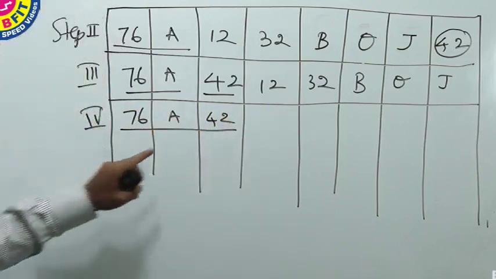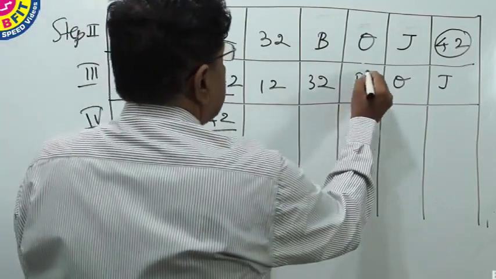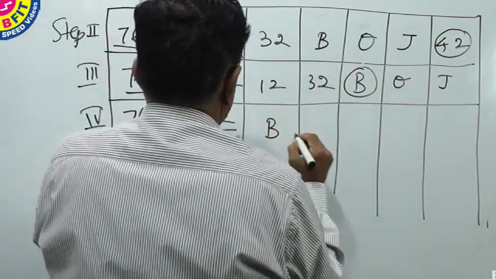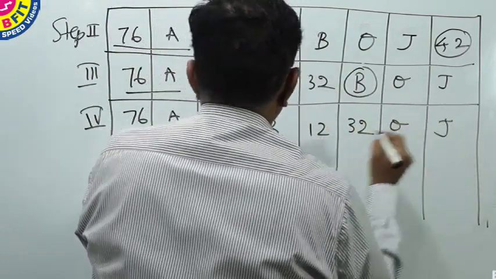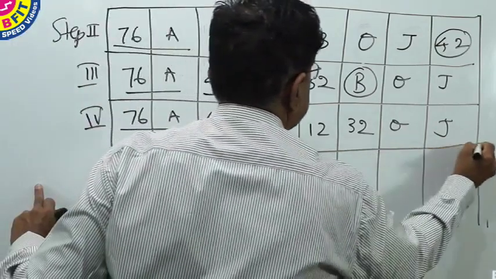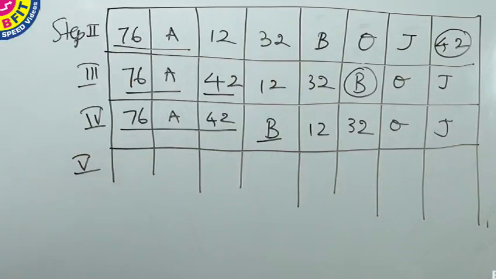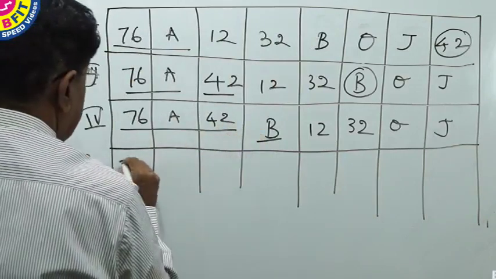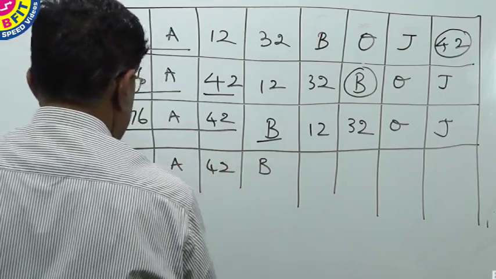And what should come here? An alphabet bigger than A. It is B. So B, 12, 32, O, J. This is step 4. Step 5 is, let us inherit 76A, 42B inherited.